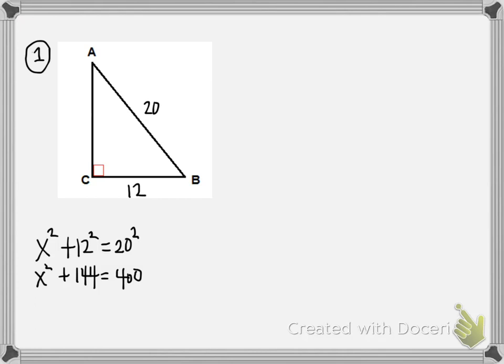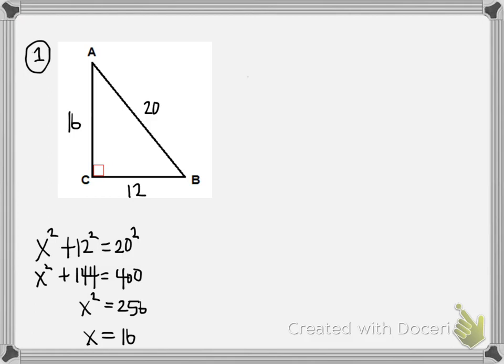So 400 minus 144 is equal to 256. Square root of 256 is going to be 16. So x would be equal to 16, so this remaining side over here is going to be 16.